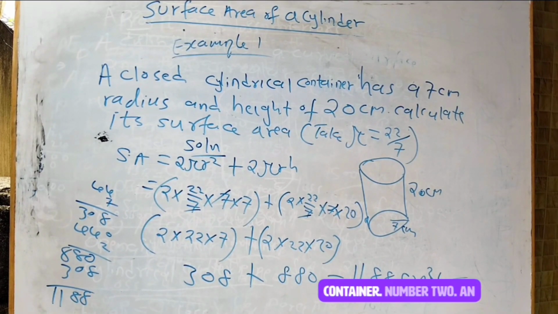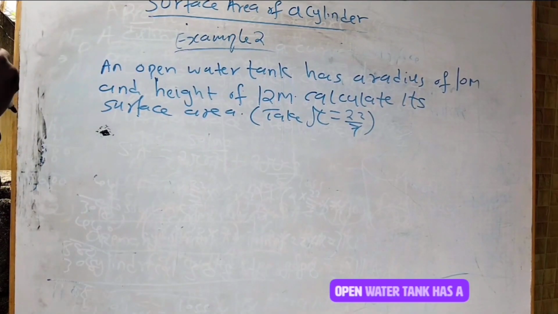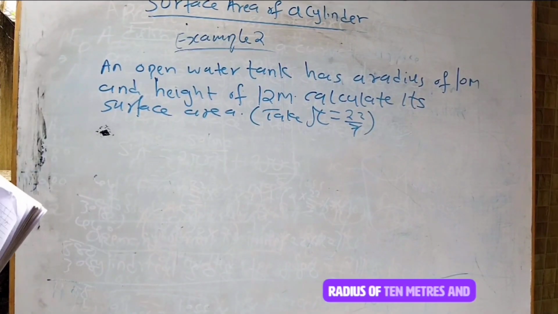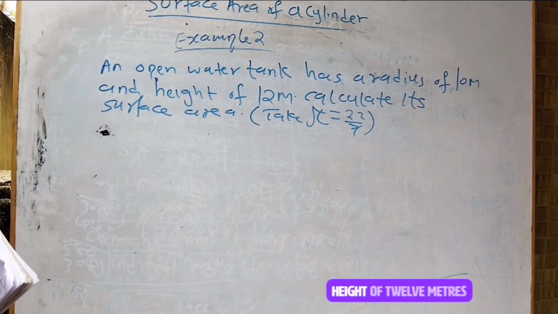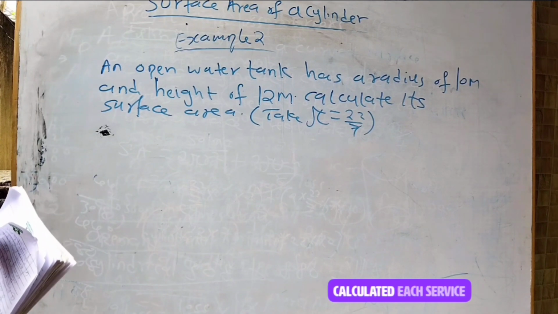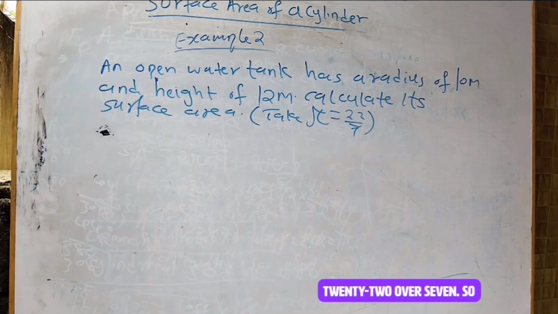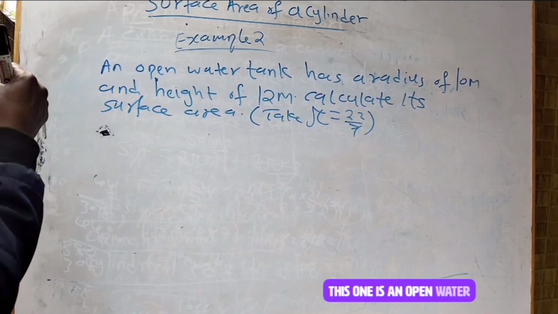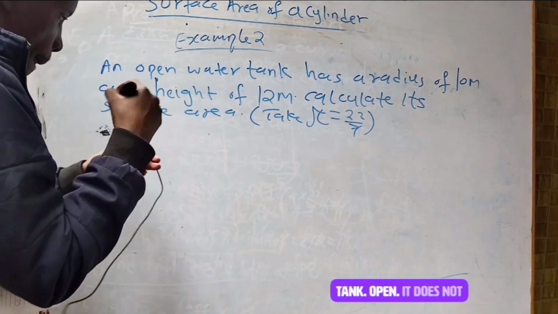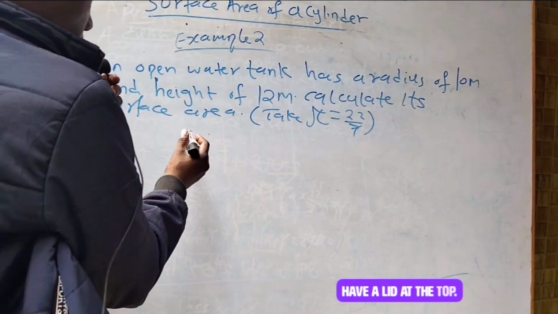By doing so, you have calculated the surface area of that cylindrical container. Number 2: an open water tank has a radius of 10 meters and height of 12 meters. Calculate its surface area. Take pi as 22 over 7. This one is an open water tank. Open, it does not have a lid at the top.